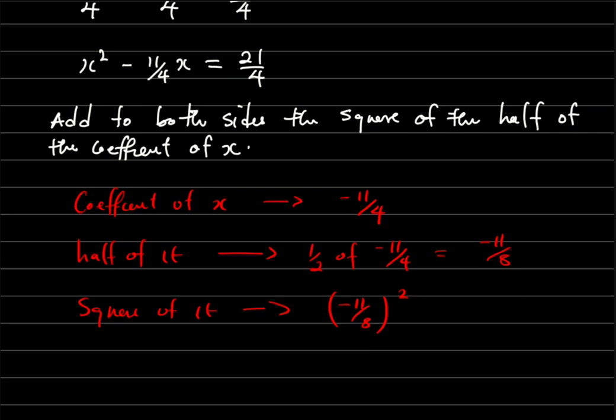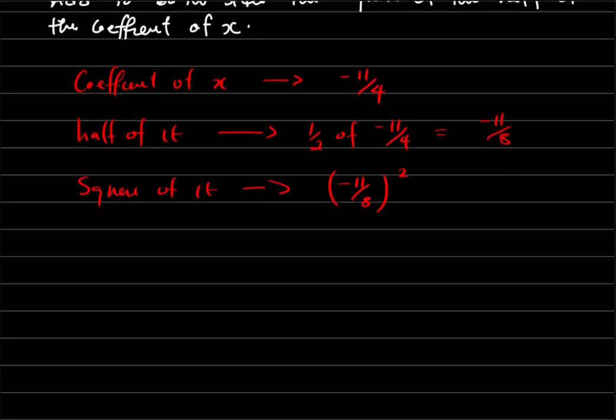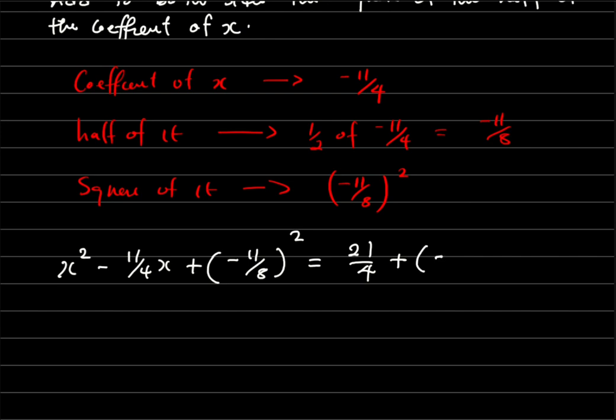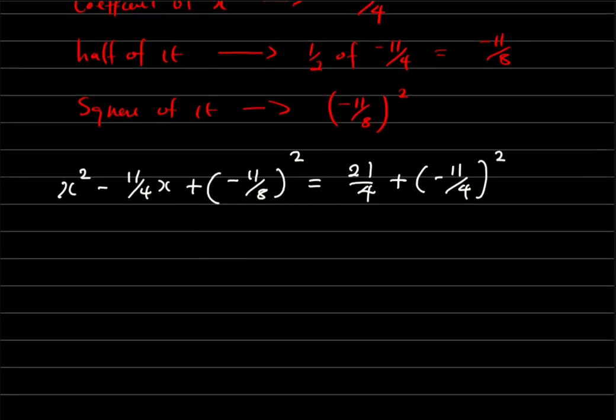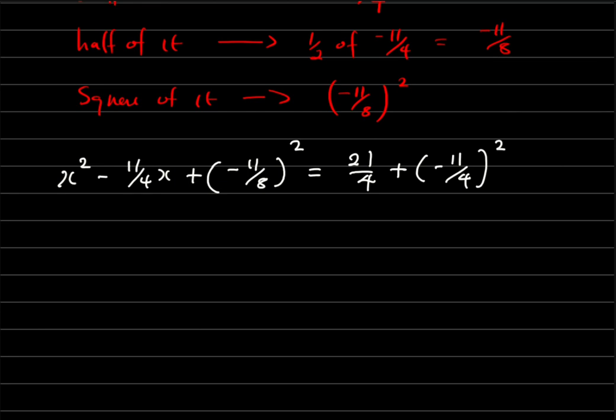We are going to add to both sides. So you are going to have x squared minus 11 over 4 x, plus minus 11 over 8 all squared, is equal to 21 over 4 plus minus 11 over 8 all squared. It is very important you take note that I picked minus 11 over 4 as the coefficient, and that is what is in the bracket. Once you've done this step, you've completed the square.